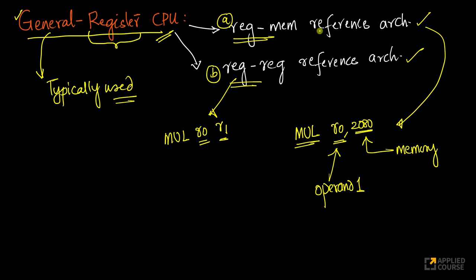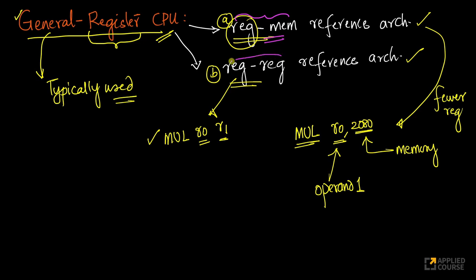Register to memory reference architecture is used when you have fewer registers. When you have lots of registers, we tend to use register reference architecture. In the early 8085 and 8086 microprocessors, we only have a few registers, which is why they mostly use register to memory reference architecture.